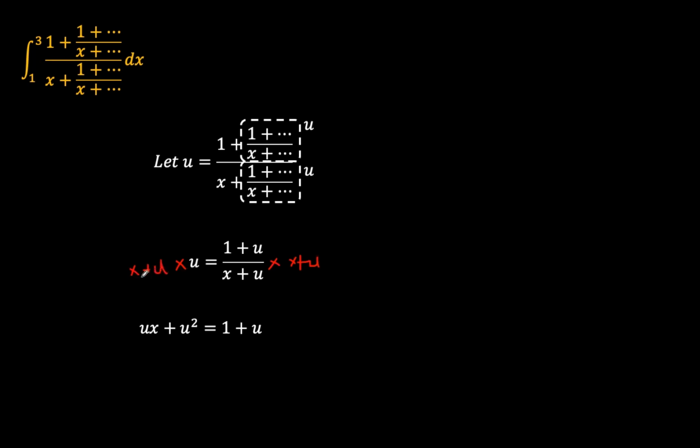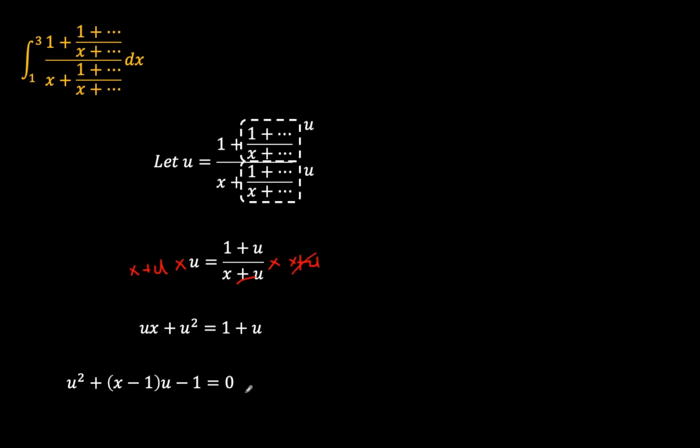And so when you multiply by u, this is xu, u squared equals this, and that would cancel, and you have 1 plus u. Now you rearrange by pulling everything on the right to the left. We eventually have a quadratic expression, u squared plus x minus 1 times u minus 1 equals 0.